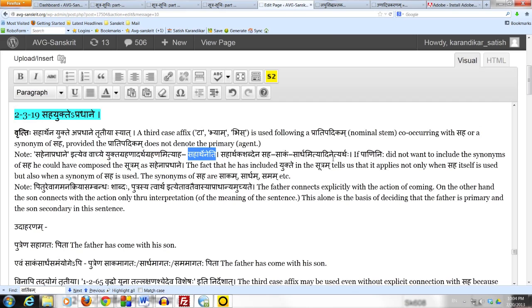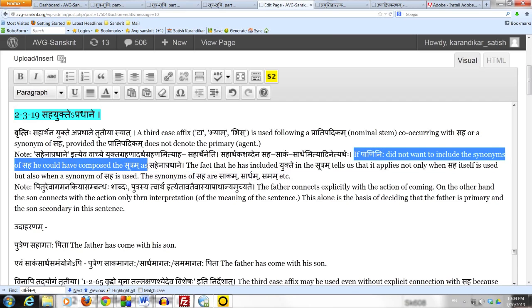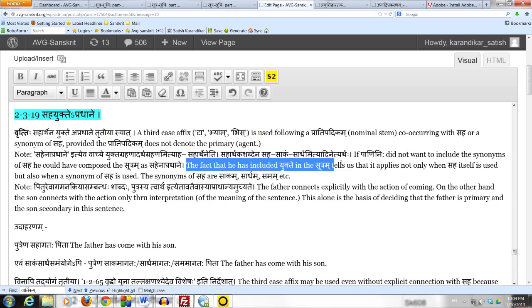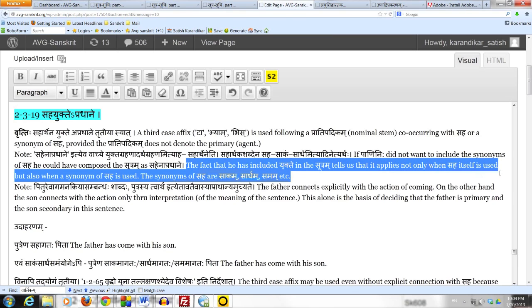Which means that if Panini did not want to include the synonyms of saha, he could have phrased the sutram as Sahena pradhane, Sahena apradhane. The fact that he has included yukte in the sutram tells us that it applies not only when saha itself is used, but also when a synonym of saha is used.